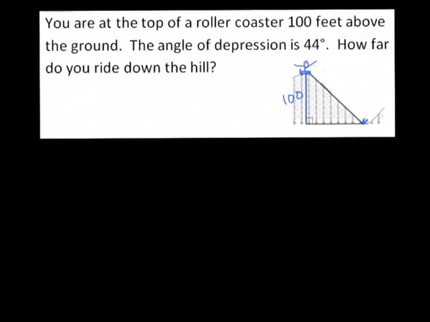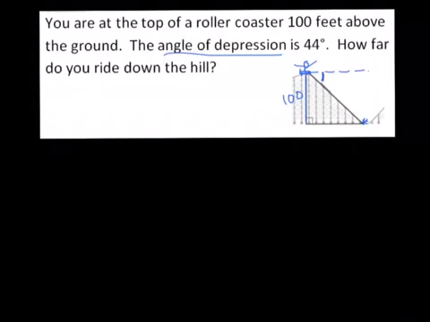Again, angle of depression means the angle created by your line of sight. This is your eyes looking down at the bottom of the hill. That's created with that line of sight and a horizontal line. So we need to draw in a horizontal line right here. So the line of sight and the horizontal line creates this angle right here.